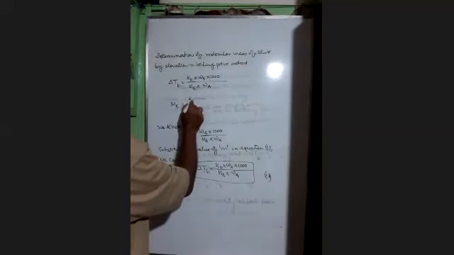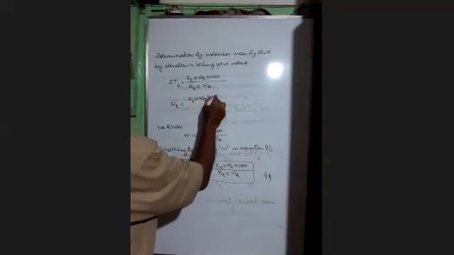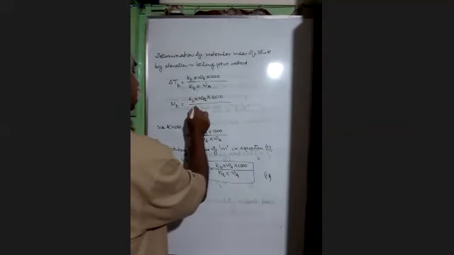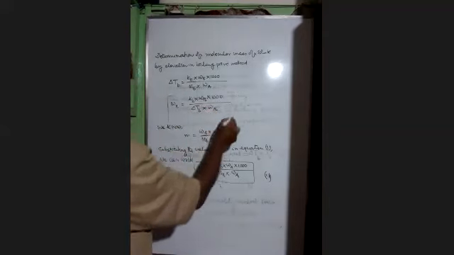Therefore, MB is equal to KB into WB into 1000 divided by delta TB into W. So this equation can be used to calculate.